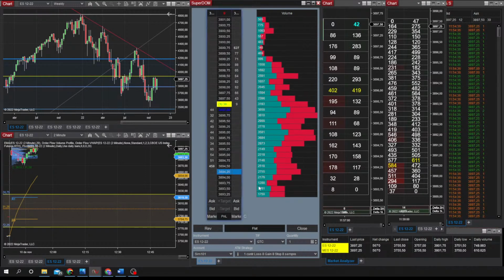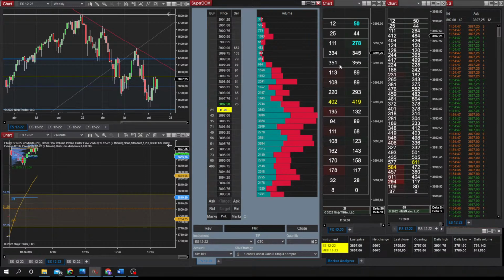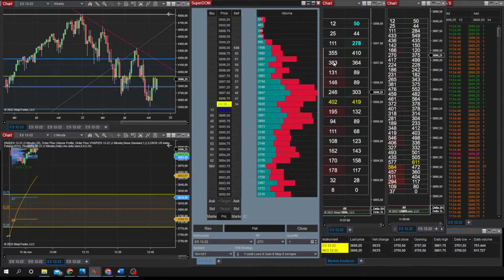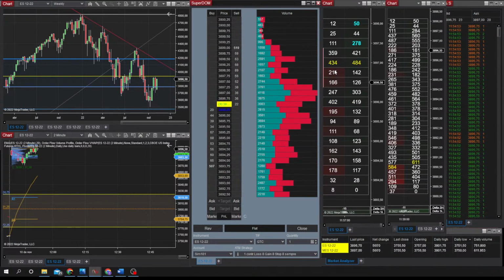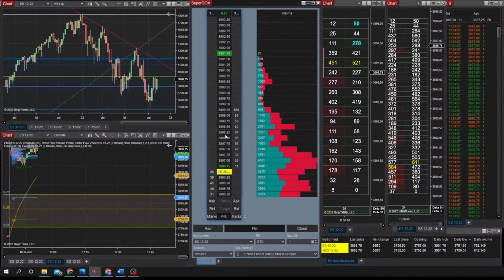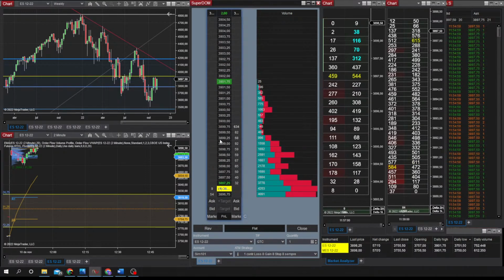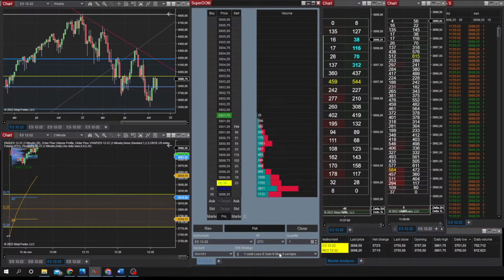So it's better, as I mentioned, to see if it will respect here and come back again, or if it will start trading here, buyers start absorbing sellers' aggression, and then breaking out, and then you could try to find a buying opportunity above this.